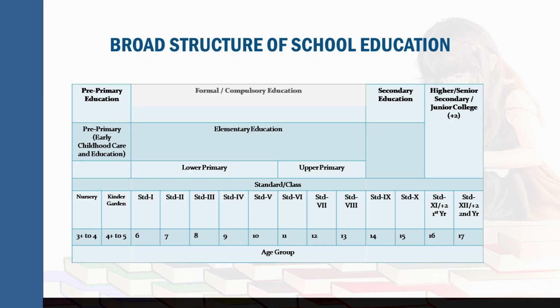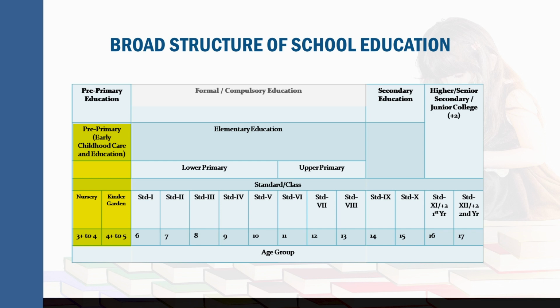Particularly if I talk about pre-primary education, the very popular term used for it is early childhood care and education, ECCE. Before starting formal education, the practices of ECCE are followed in different schools, in government schools as well as in different private schools.